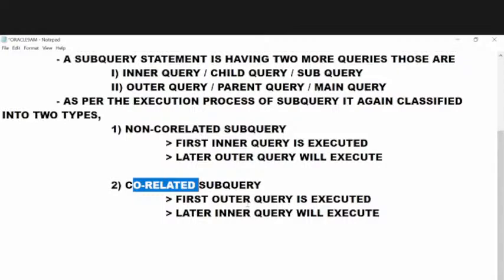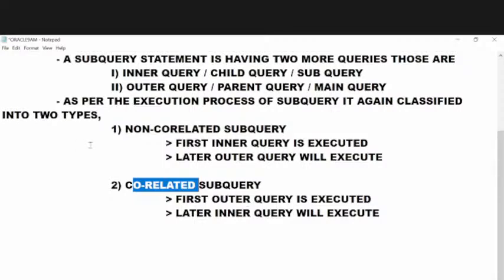So that is the reason, in these two, which method should be used mostly? 99% of people are using non-correlated subqueries. So don't use correlated immediately. What is my first priority? Non-correlated, and later correlated. Why, sir?